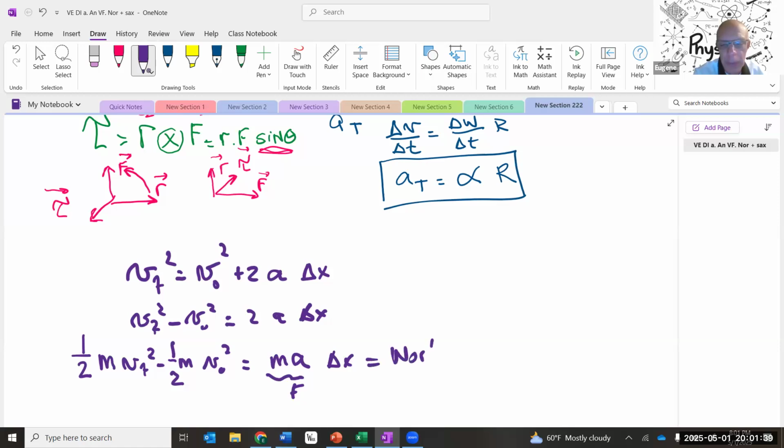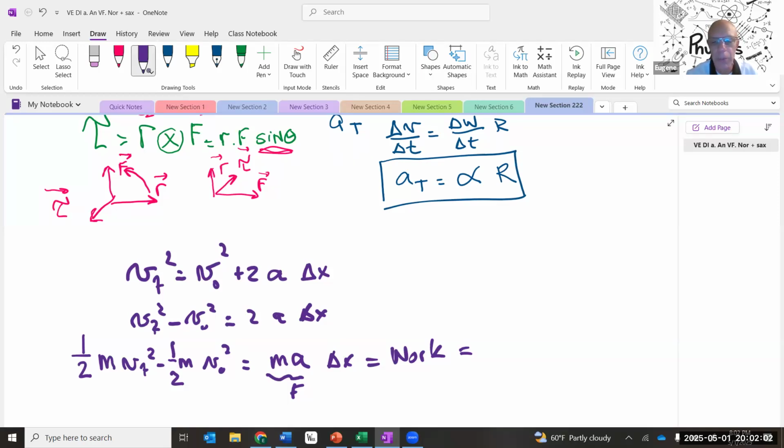Work. So here we have the theorem. If kinetic energy is changing, because you see here you start with V0 and end up with Vf, then some work was done on the system. If kinetic energy does not change, then the work is going to be 0.